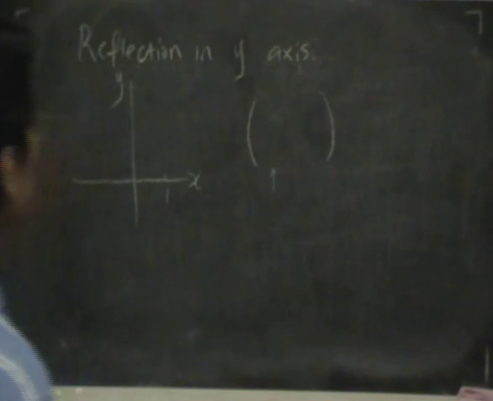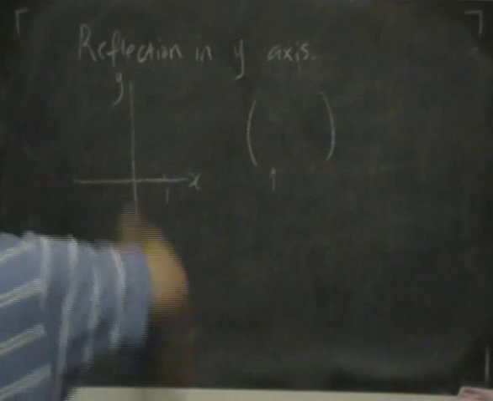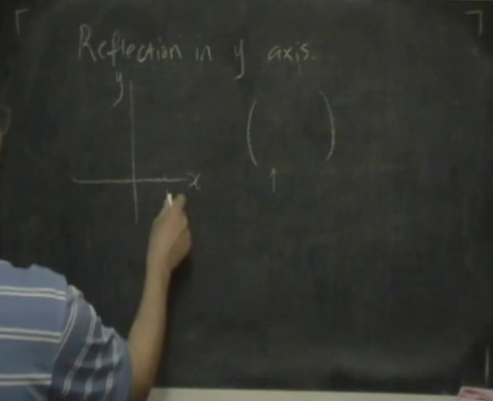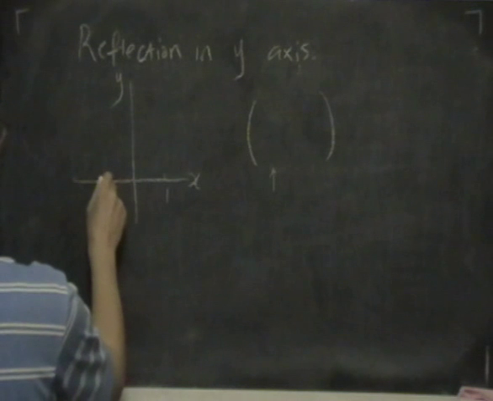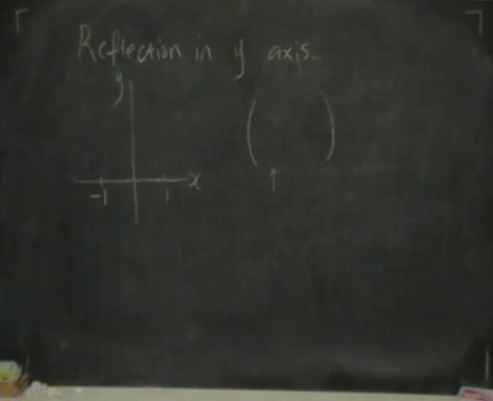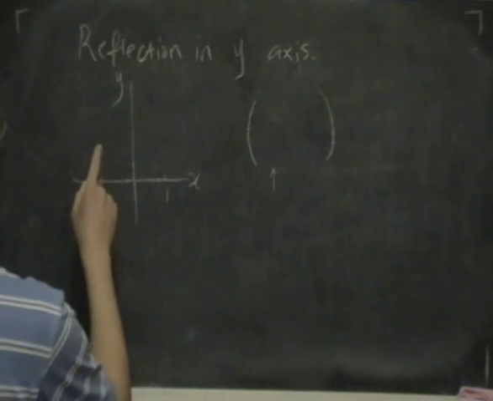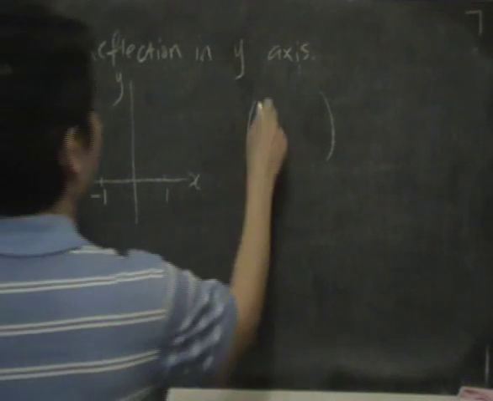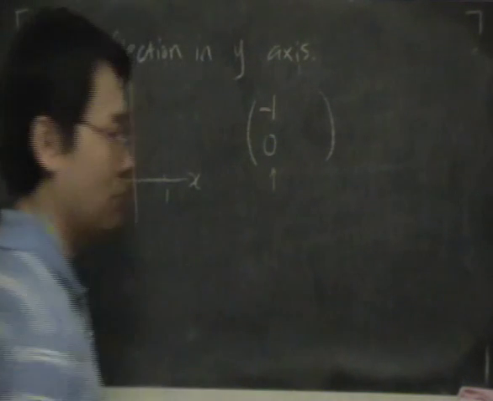Reflection in the y-axis. That's the y-axis, that's my mirror. If I reflect that point, I come here, -1. And the coordinate of that point is -1, 0. That's my first column.